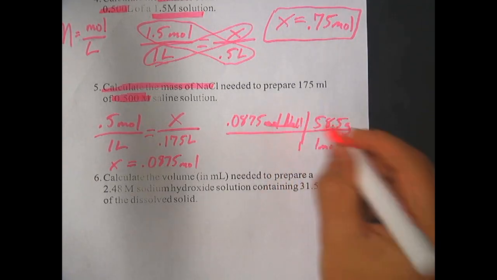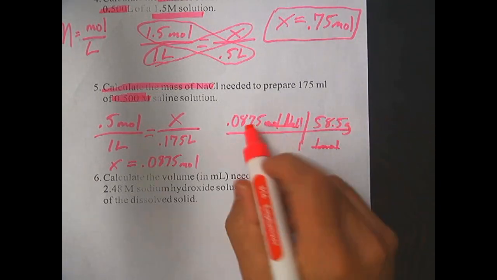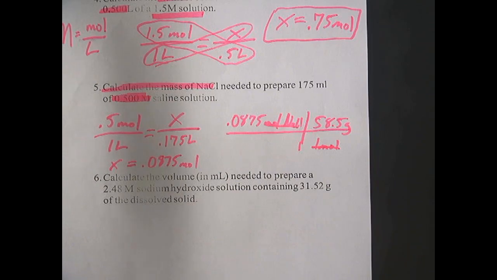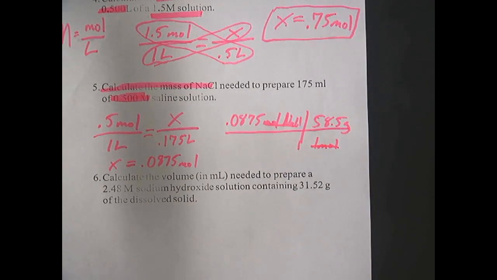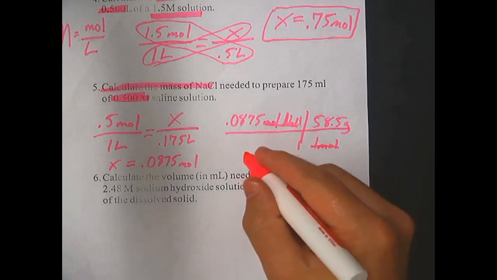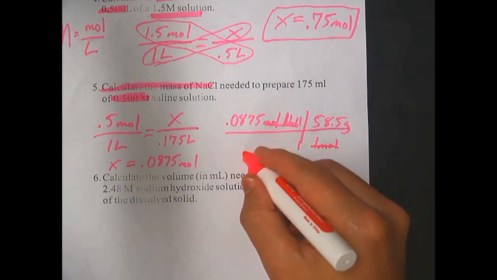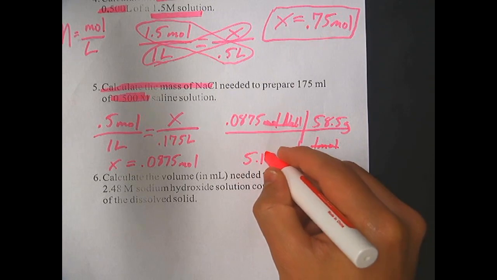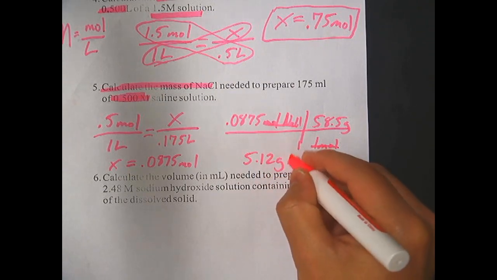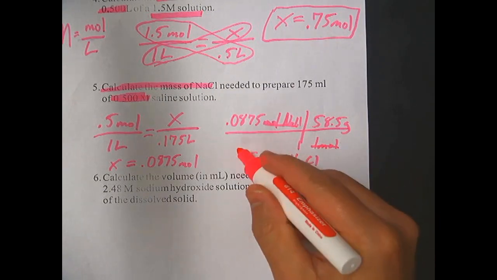Moles would cancel. All we have to do is multiply 0.0875 times 58.5. That gives us a final answer of 5.12 grams NaCl.